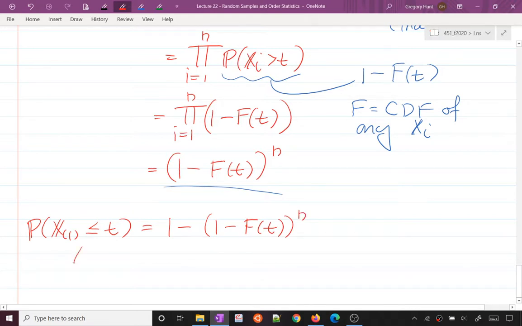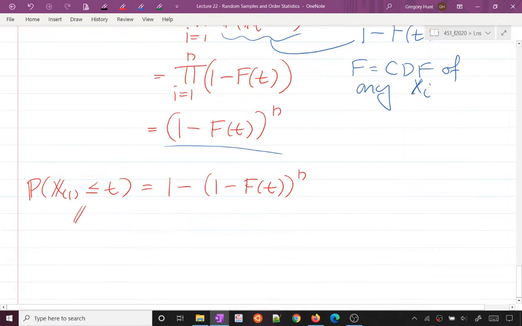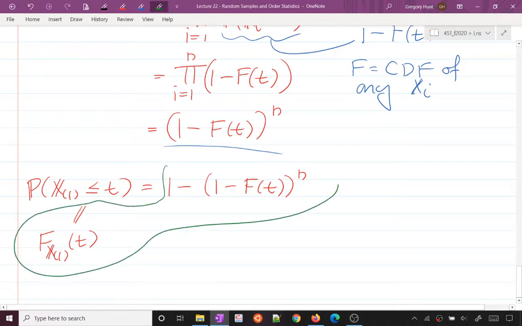Write capital F sub x1 as the CDF at t. The CDF of the minimum, which is just some univariate random variable, is the probability it's less than or equal to some value t. And we have just shown that that is this expression, 1 minus F of t to the n. And so we were able to derive this for any possible marginal distribution F, right?